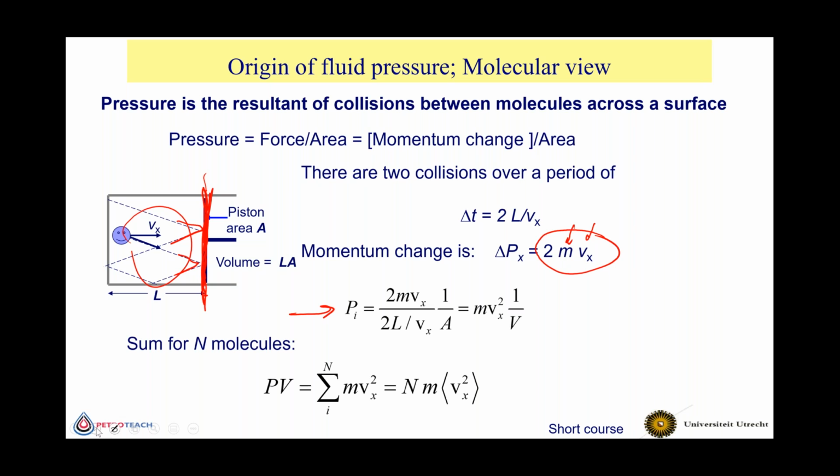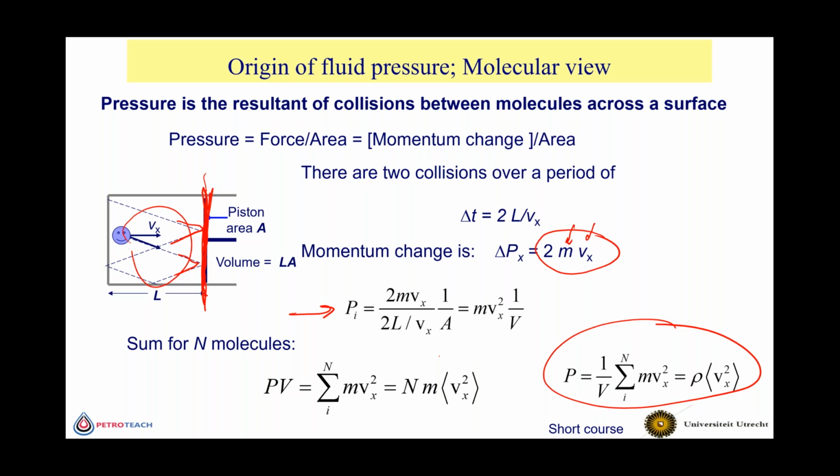That is from one molecule, and then you sum over all the molecules. Then you can see that the pressure is actually the mass density times the average of kinetic energy of the molecules. That's what pressure is. Inside the fluid, this is very large. Attractive forces between molecules are very small, and therefore we have pressure inside the fluid.